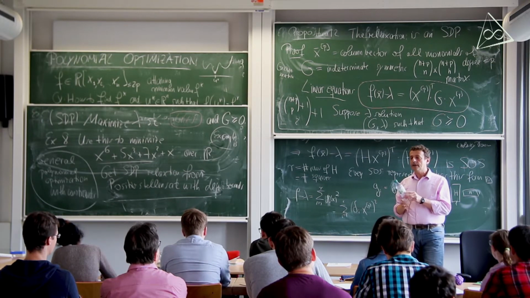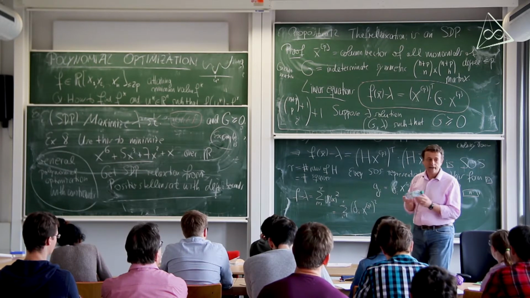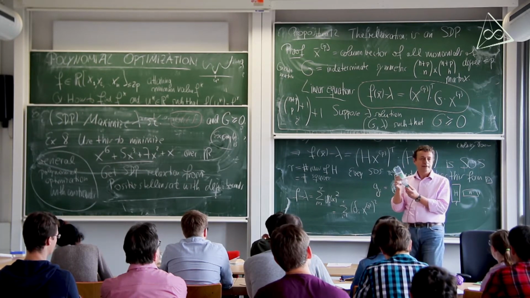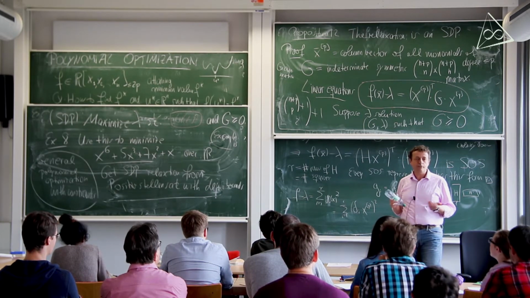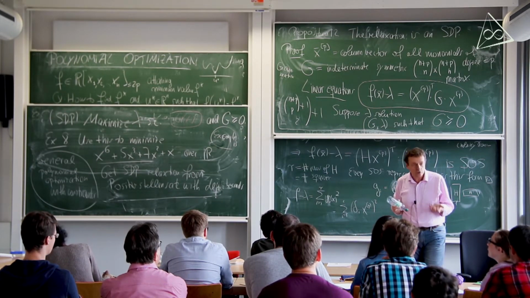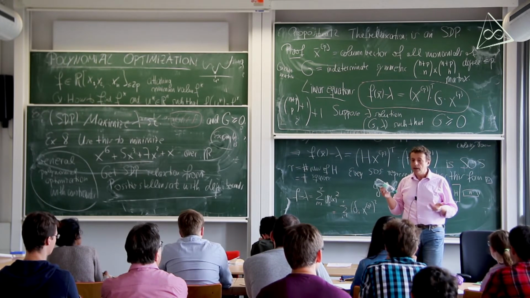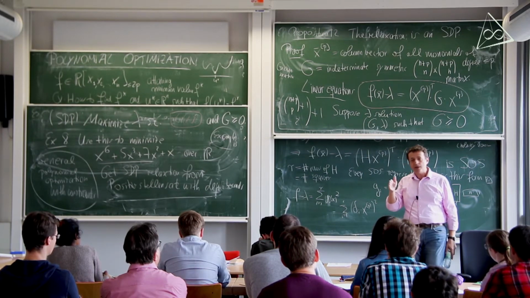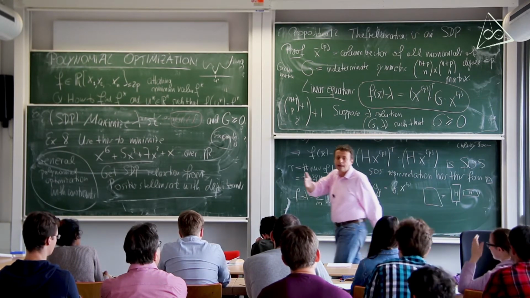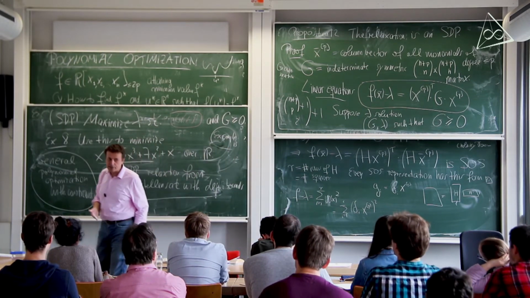Then you can say that f minus lambda should be non-negative on the bottle. But that condition means that f minus lambda being negative has no solution. We have a certificate, involving sums of squares. That's the Positivstellensatz.